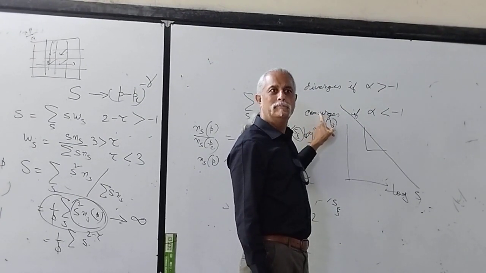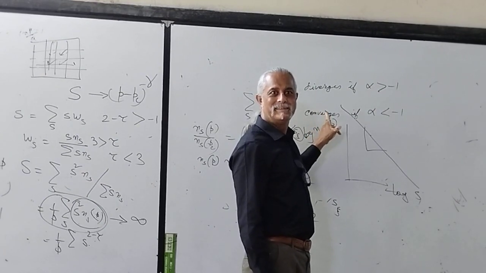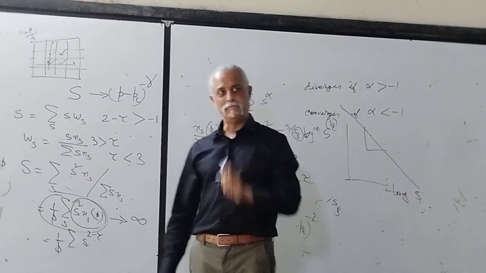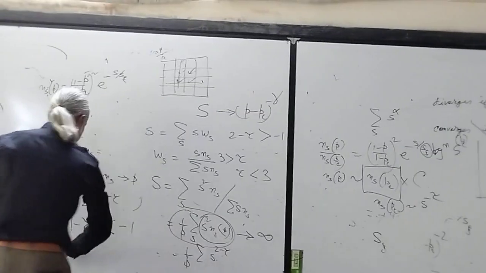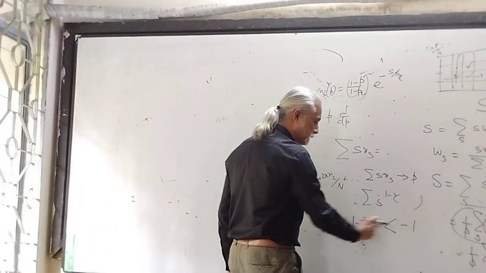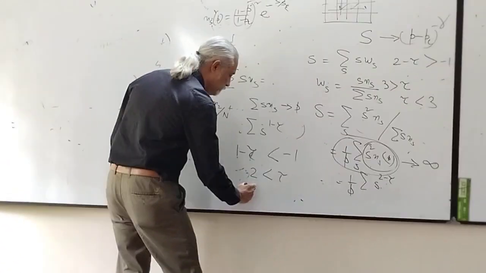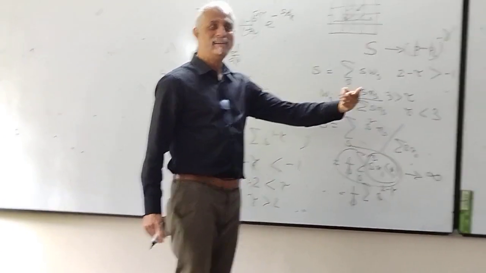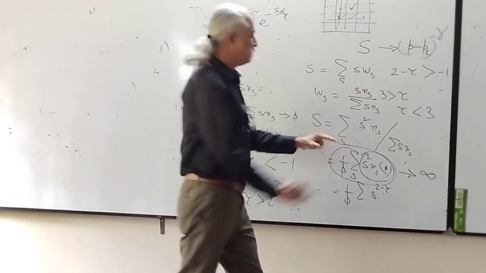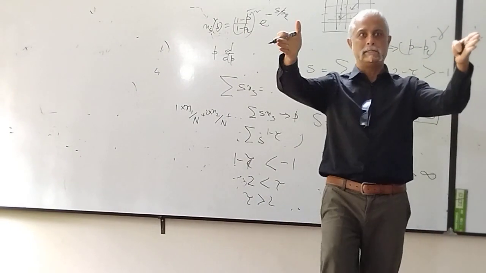Hey, I'm following. Simple logic. Trivially simple, if you can catch it. It's not difficult. তাহলে tau যদি এদিকে নিয়ে যাই, এটা এদিকে নিয়ে আসি, তাহলে 2 is less than tau. তাহলে tau is greater than 2. 2 এর থেকে বড়, 3 এর থেকে ছোট, তার মানে tau এর মান 2 এবং 3 এর মাঝে কিছু একটা হবে.